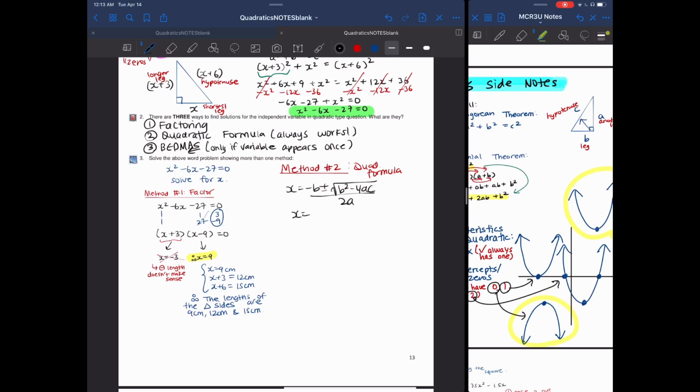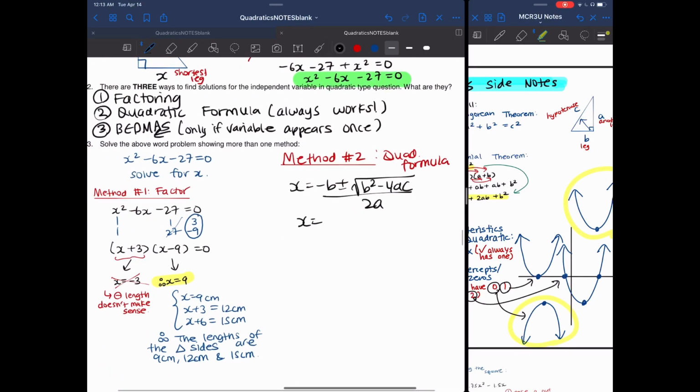Don't be afraid to use that function on the calculator if you know how to. Go into mode, equation, degree 2, and then fill in your a, b and c as a quick way to do the quadratic formula. So know how to do it algebraically, by hand, and also using a calculator if possible.